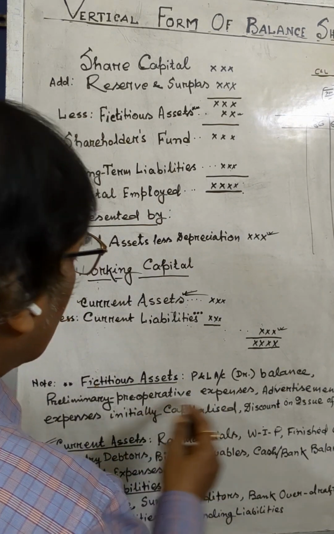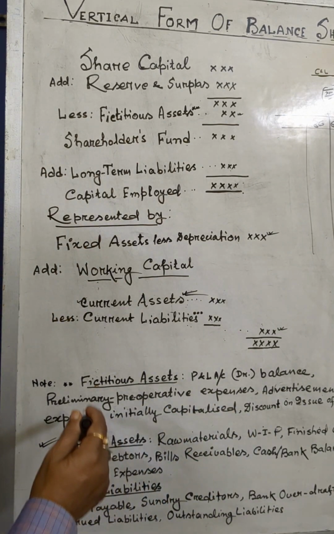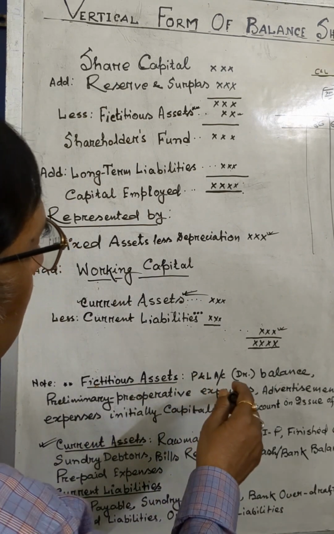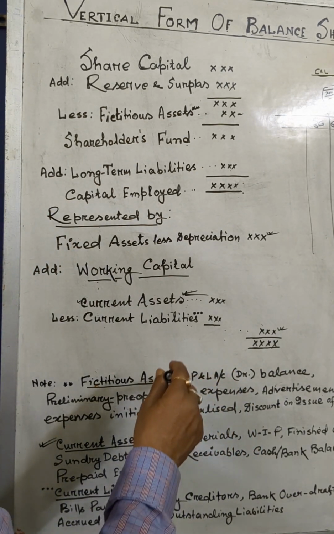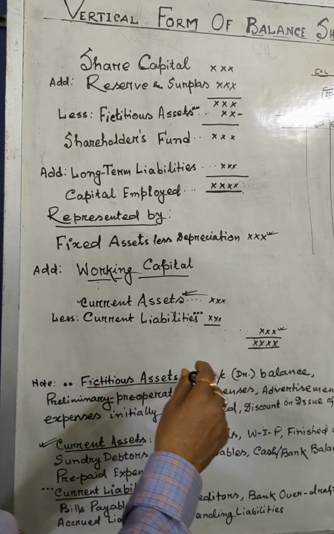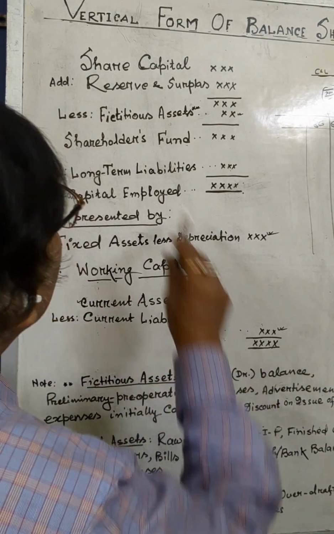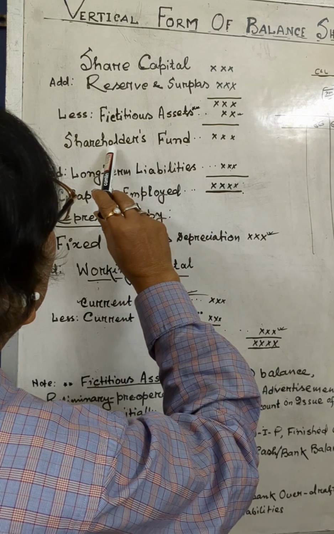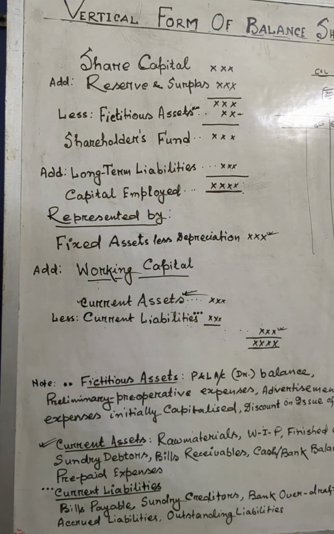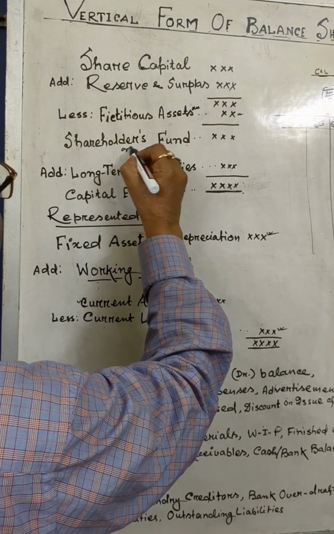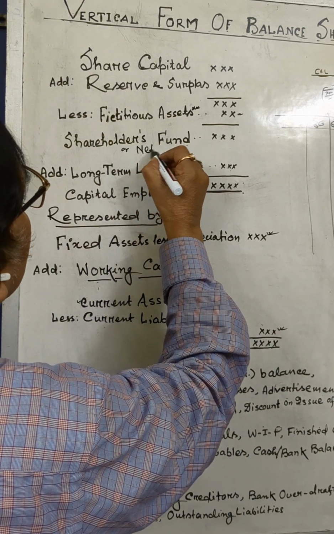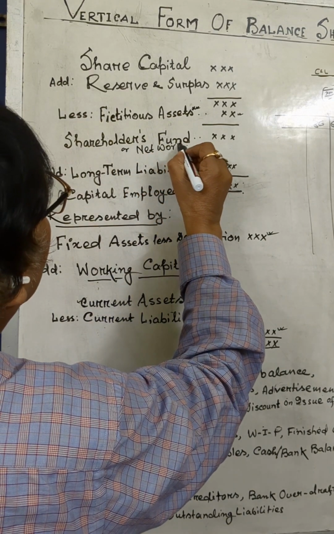A few items have been given here just to get the idea. As they do not serve the purpose of assets, they are called fictitious assets, and they should be subtracted to get the real shareholders' fund or net worth of the business.